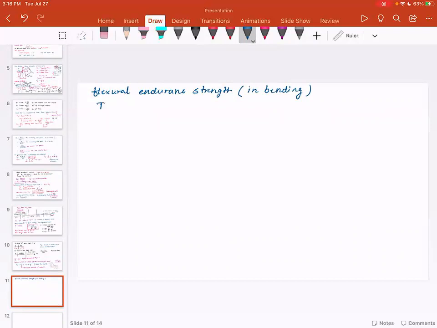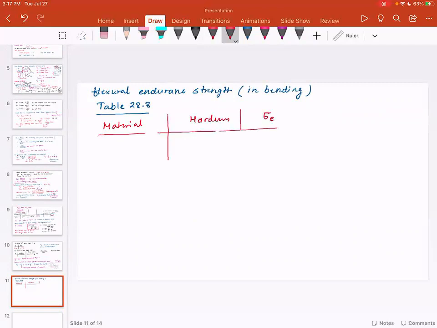If you look at Table 28.8, it will list the material, the value of hardness, and the endurance strength of the material. And this is something important: the fatigue strength of the material is dependent on the hardness, and this needs a little bit of discussion.